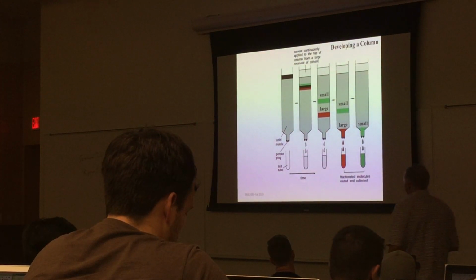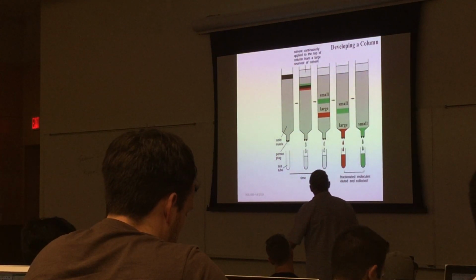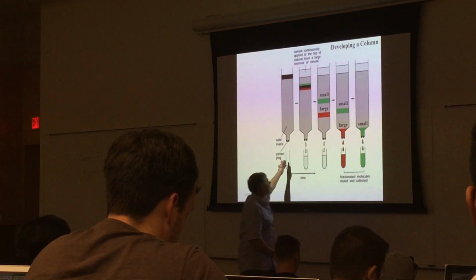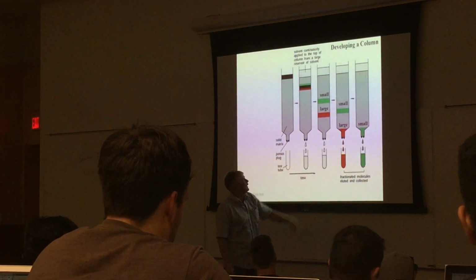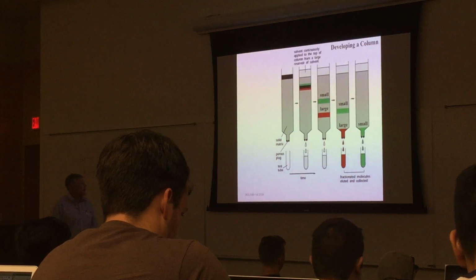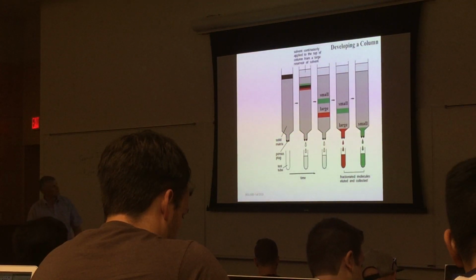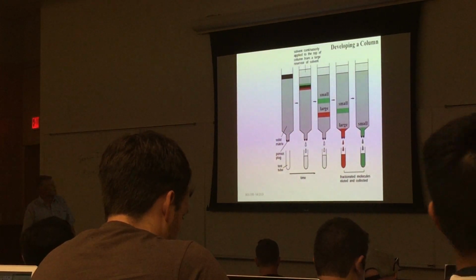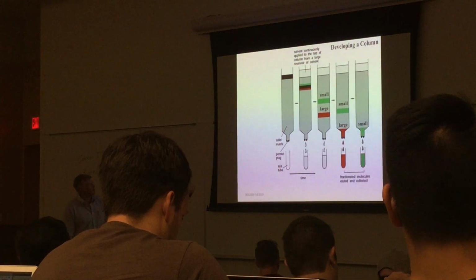So here's a time-wise schematic looking at a single column at 5 different time points. The column is the gray material there, that solid matrix.